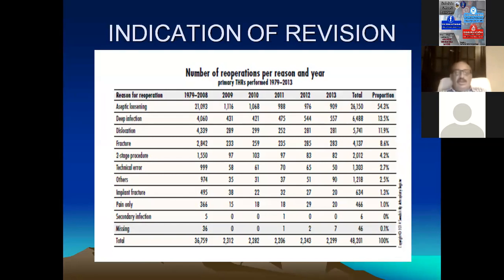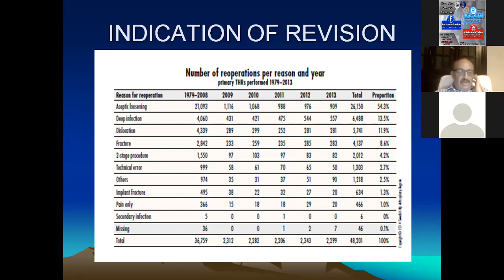In Egypt, I would think that they are the same, but the priority in our country, unfortunately, is infection. And this is one of the subjects that we need to concentrate on in a special meeting, just to try to avoid this serious complication.